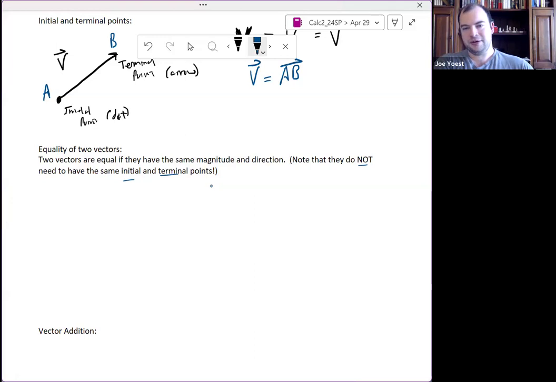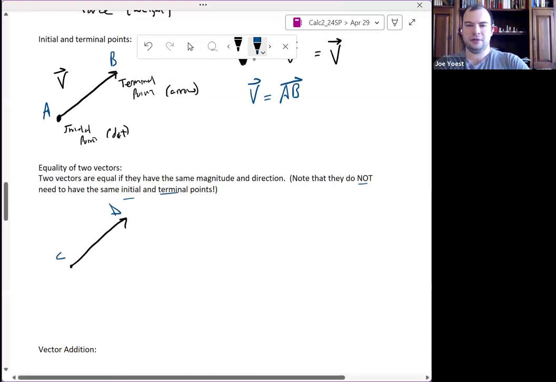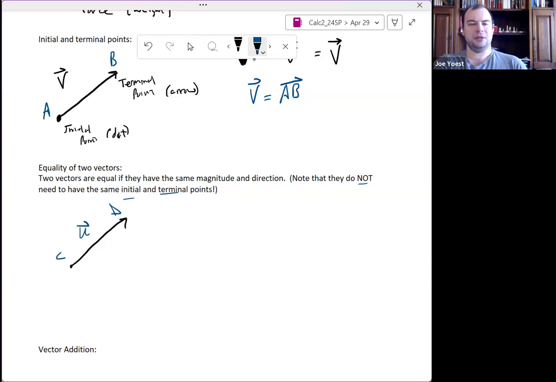So in other words, if I have this vector that has some terminal points C and D, and maybe this is vector U, well, it looks like this one relative to vector V has the same magnitude and direction. It looks like U equals V. They start and end at different points.